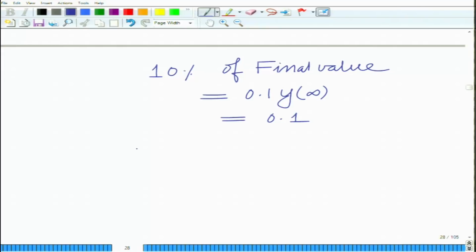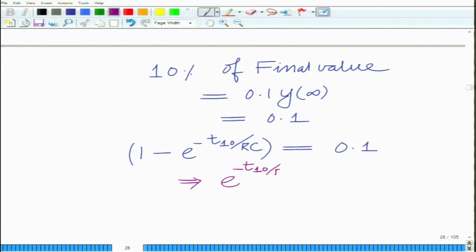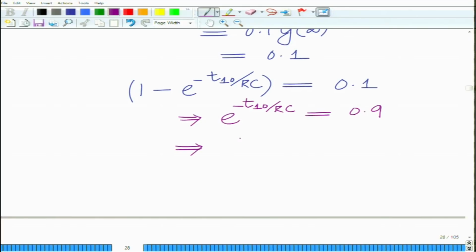Now, what is the time? We have 1 minus e raised to minus, let us call this T10, that is the time taken for 10% of the final value. 1 minus e raised to minus T10 over RC is 0.1, implies e raised to minus T10 over RC equals 1 minus 0.1, that is 0.9, implies T10 equals minus RC log natural of 0.9.